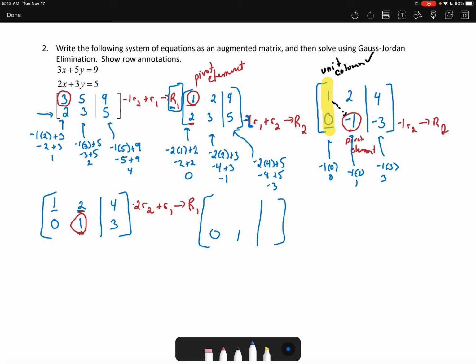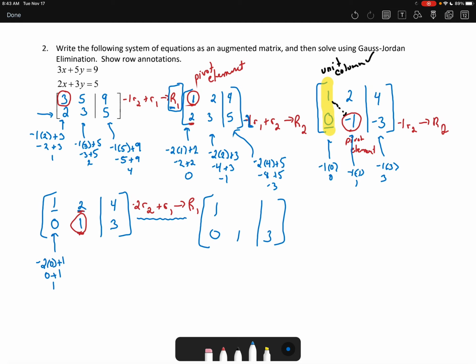Again, I'm using row 2 to do this, but it is not changing itself. Okay, so let's see what happens here. In this case, if I take negative 2 times 0 and add 1, I get 0 plus 1, 1. Again, any row operation that you decide to perform should never undo something that you have purposefully created already.